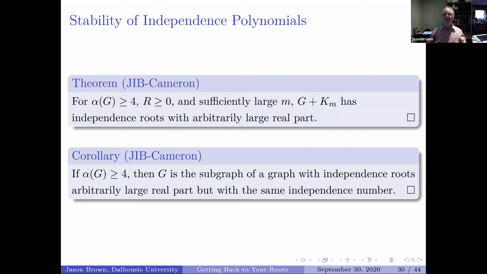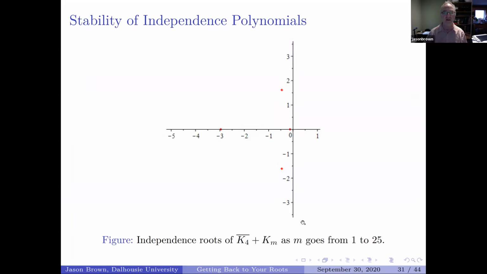So we can keep the degree of the polynomial the same, and still find independence roots not only in the right half plane, but as far out to the right as we like. So here we see the graph. We're taking just 4 independent points, the empty graph on 4 points, joining large complete graphs, and you can see here what happens to the roots. Eventually they begin sneaking into the right half plane, and m was going from 1 to 25.